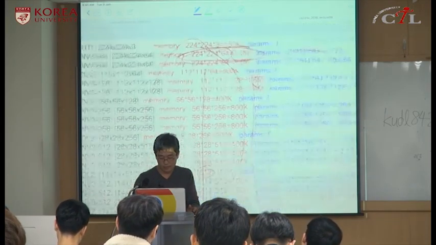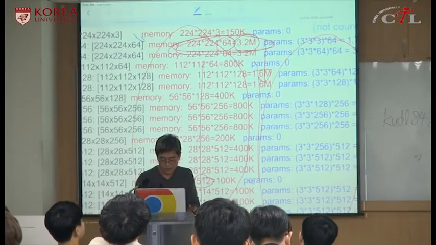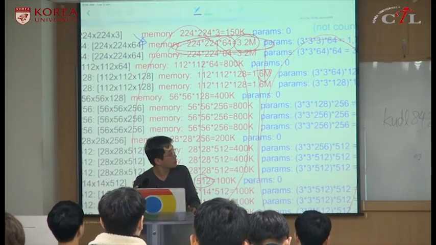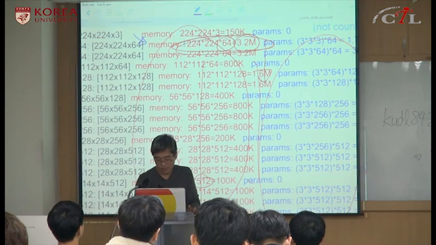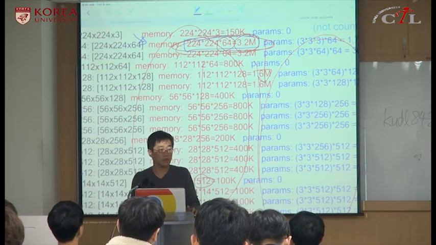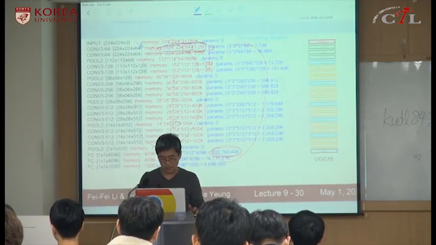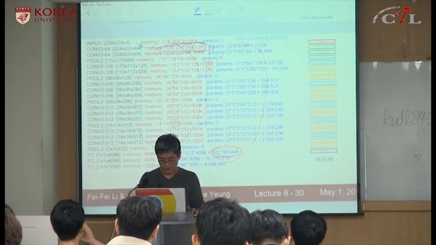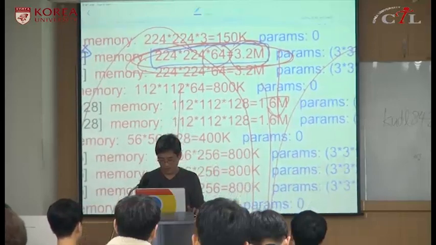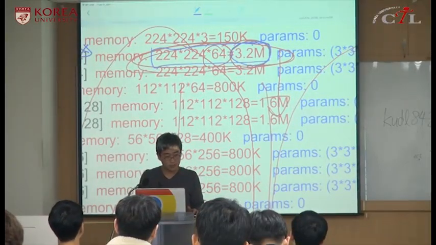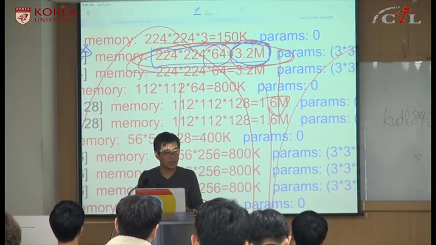The activation map at the first layer is the largest activation map size throughout the entire network architecture in this VGGNet. It amounts to around 3 million, right?